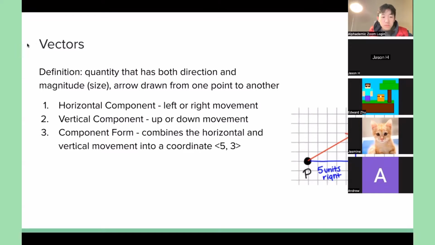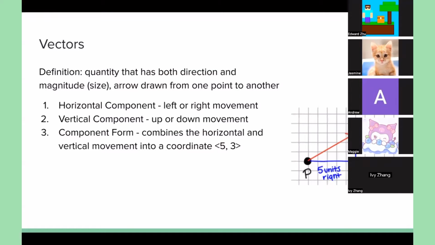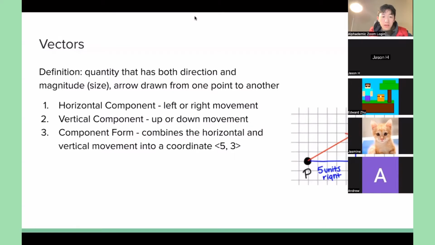Alrighty. So again, a vector is a quantity that has both direction and size, also known as magnitude, and it is an arrow drawn from one point to another. There's the horizontal component of this, which is the left or right movement, or the x-axis, you can think of it as.